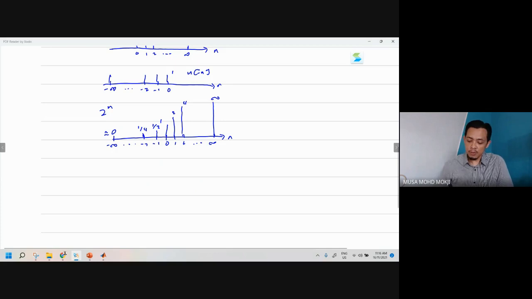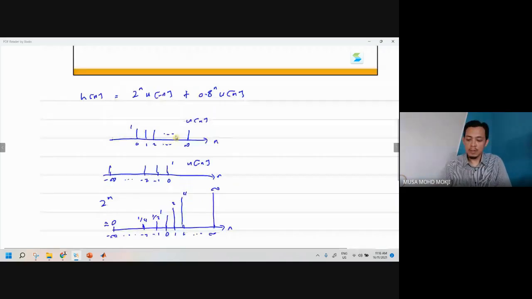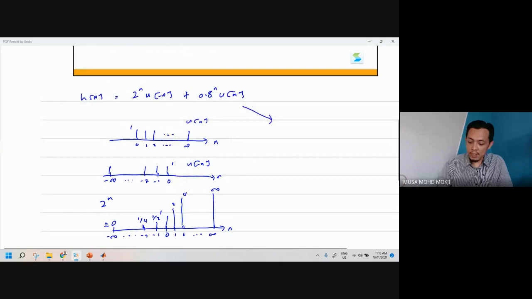So what you will get, from minus infinity up to minus 2, minus 1, up to 0, is 1 at 0, 1 over 2, 1 over 4, and then very close to 0. The rest will be 0, because you multiply with 0. Okay, so try to do this yourself.